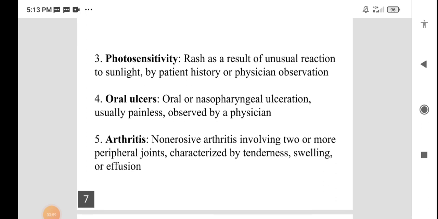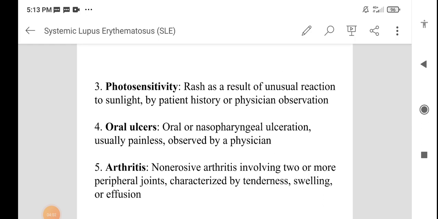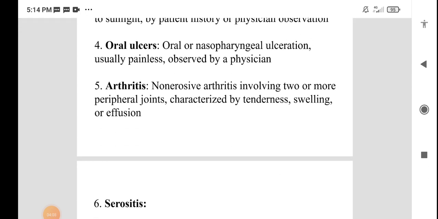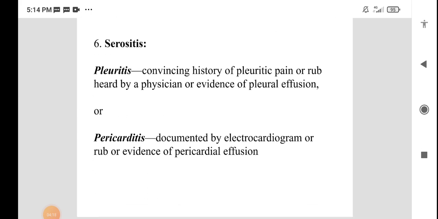Oral ulcers: oral or nasopharyngeal ulceration, usually painless, observed by a physician. Arthritis: non-erosive arthritis involving 2 or more peripheral joints, characterized by tenderness, swelling or effusion. Serositis, pleuritis: convincing history of pleuritic pain or rub heard by a physician, or evidence of pleural effusion.